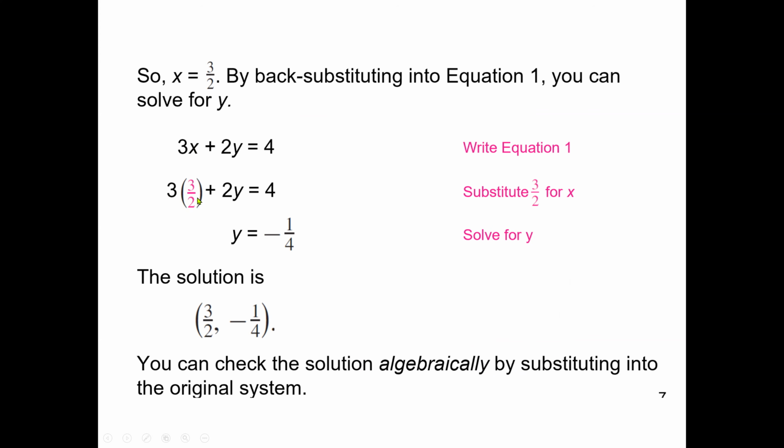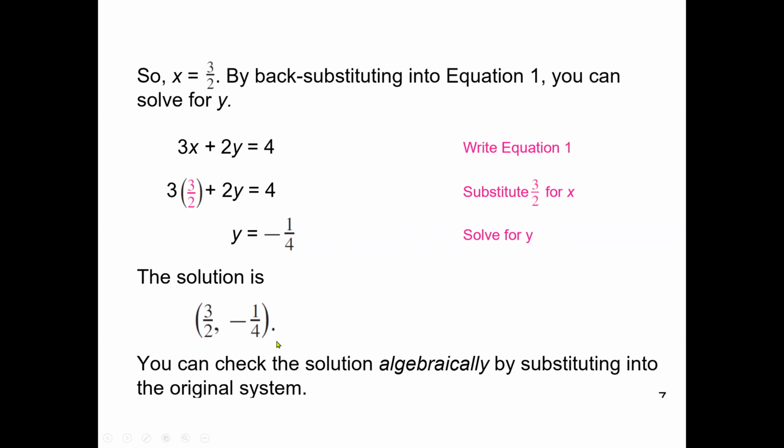And 9 over 2 crosses the equal sign to be 4 minus 9 over 2. For the answer we get, we divide everything by 2, and it will give us negative 1 over 4. So the solution will be 3 by 2 for x and negative 1 by 4 for y.